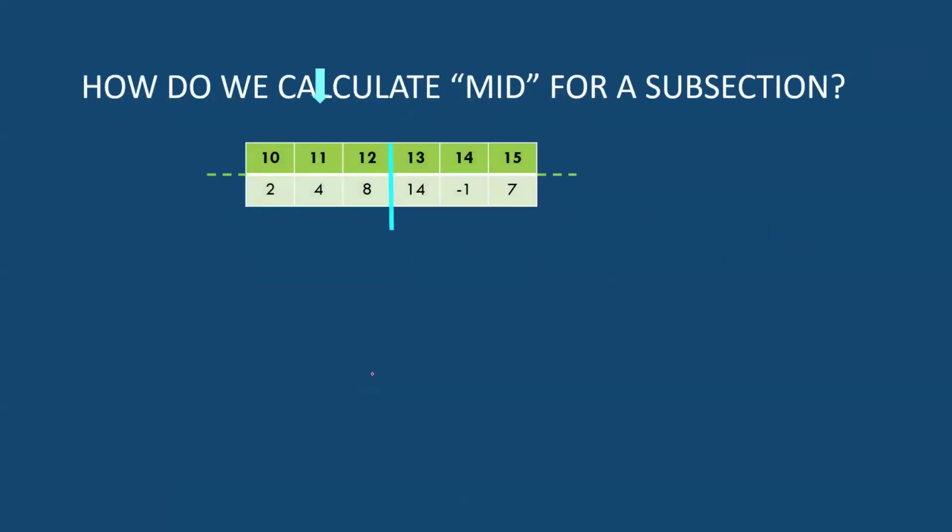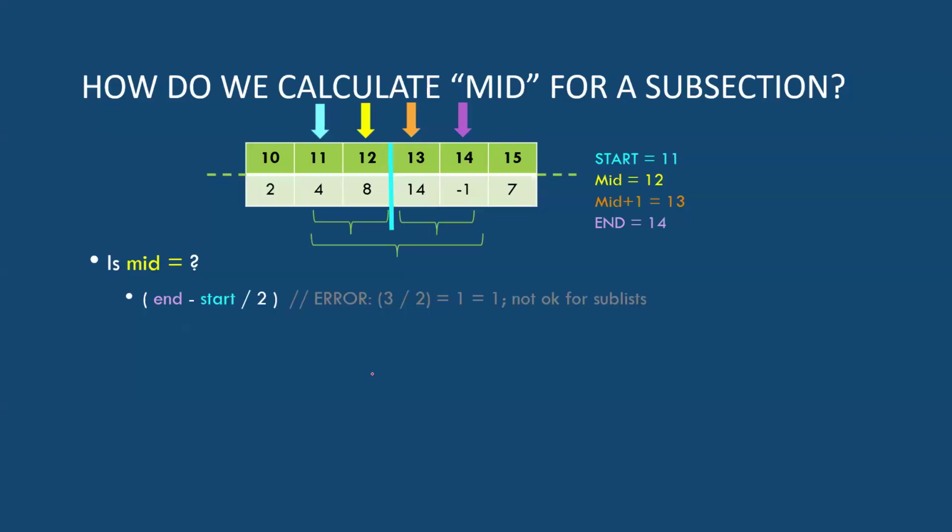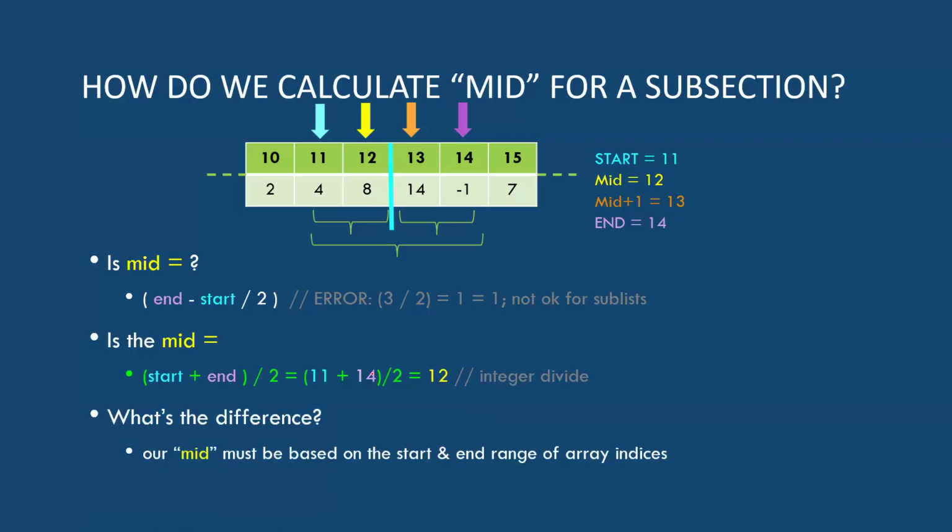Remember that calculating the midpoint, pretty much for all of this class, is going to be: end minus start over 2 would be wrong. We really want it to be start plus end over 2. That's going to get it for you every time. Some of us, me included at one point, were thinking vectors for some reason. So we want it to be this way. That's going to get us the midpoint.